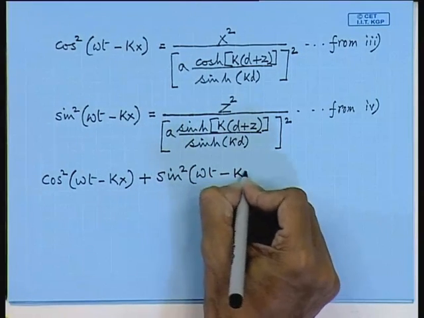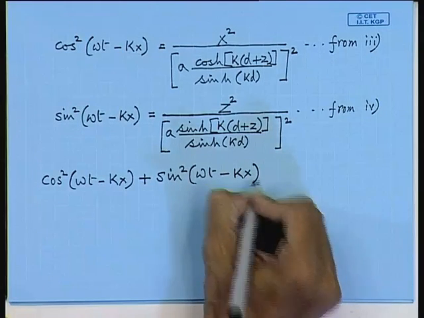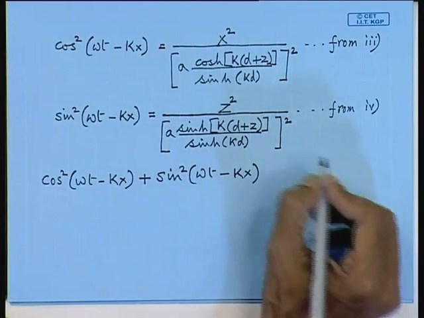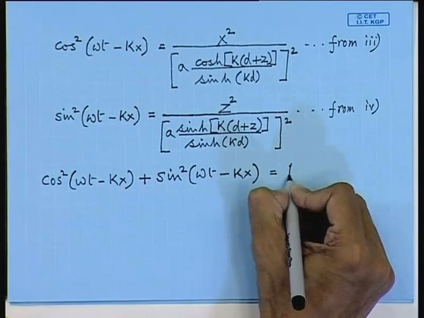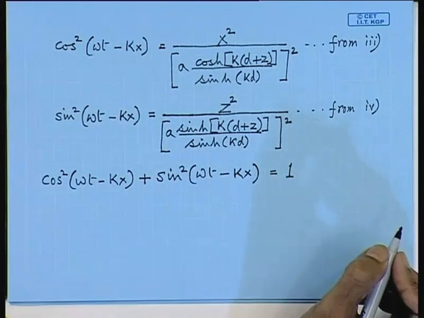What is the value of this? Cos square (omega t minus kx) plus sin square (omega t minus kx). So, that is equal to 1.